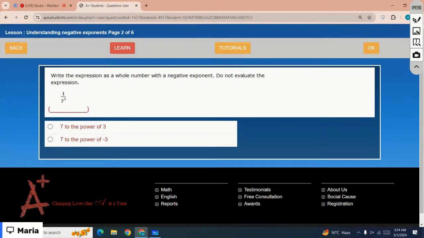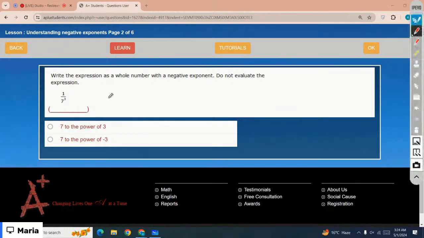The correct option is 7 to the power negative 3, because here the exponent is in the denominator, so you write it in the numerator with a negative exponent. So that would be 7 to the power of negative 3.